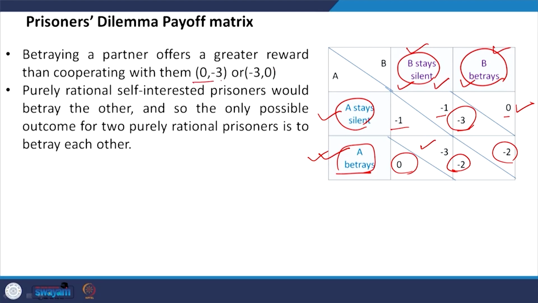It is 0, -3 or -3, 0, right? And purely rational self-interested prisoners obviously choose to betray the other. So the only possible outcome for these two purely rational prisoners is to betray each other, because they are rational and obviously want to maximize their own utility by setting themselves free, getting 0 years of imprisonment.